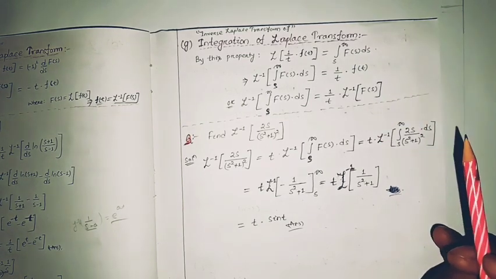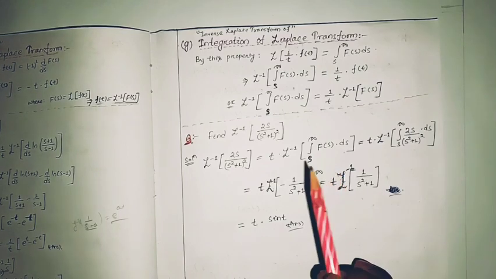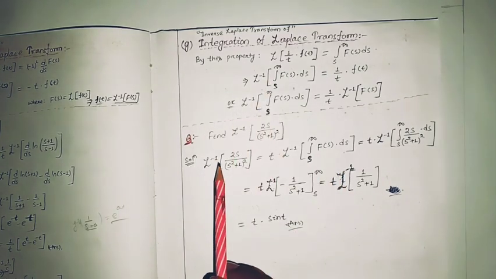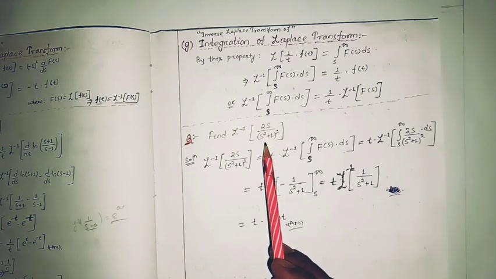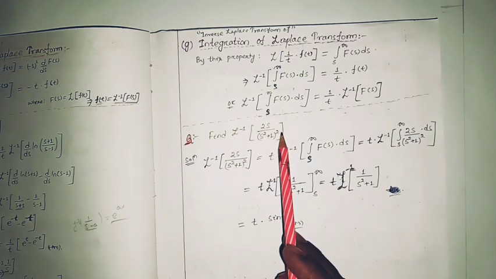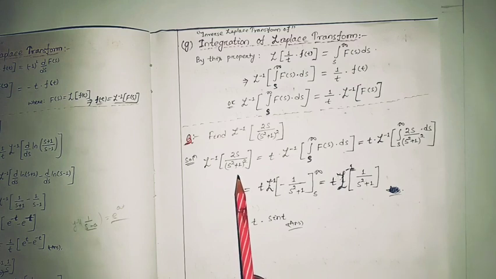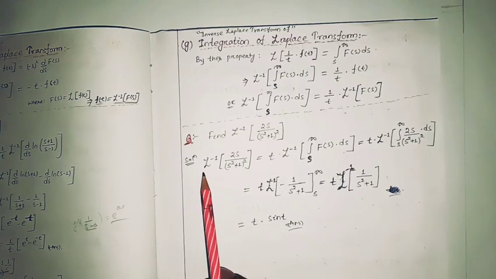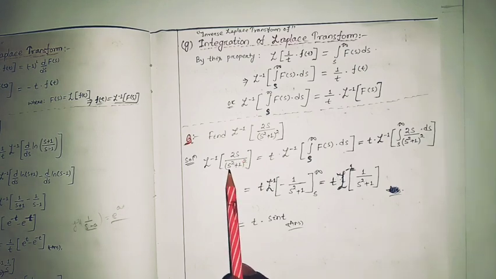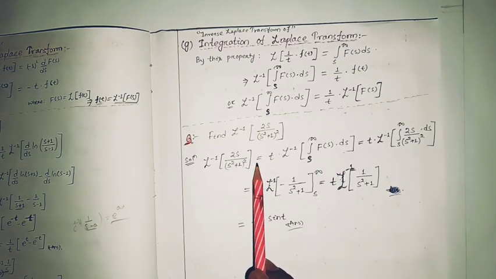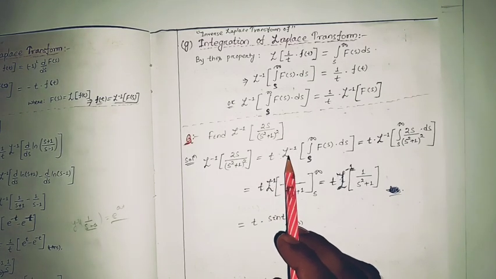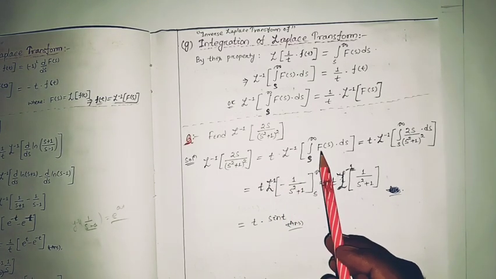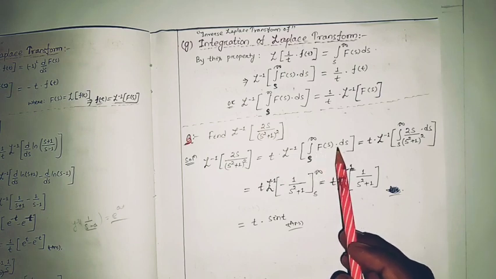Now we are going to consider a numerical based upon this property, that is, find the inverse Laplace transform of 2s by (s square plus 1) whole square. So here you can see that the inverse Laplace transform of 2s by (s square plus 1) whole square will be equal to t into the inverse Laplace transform of the integral from s to infinity of capital F of s ds.